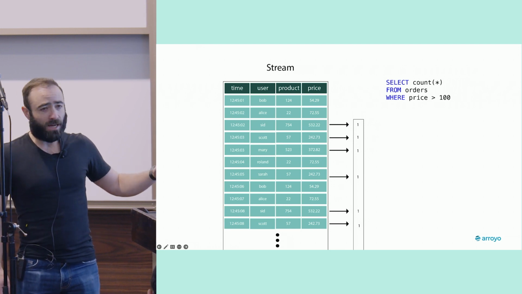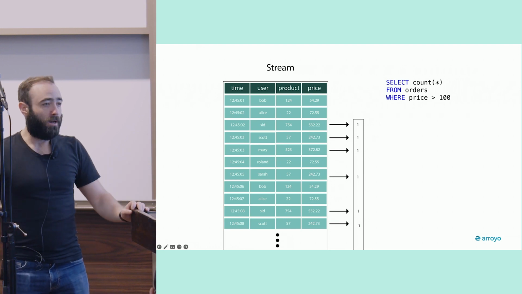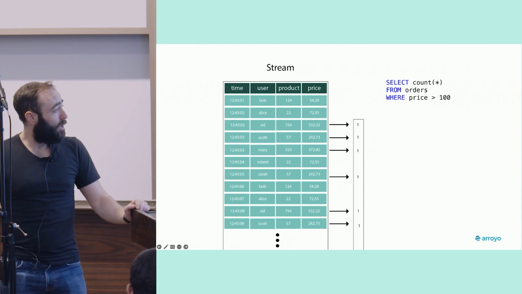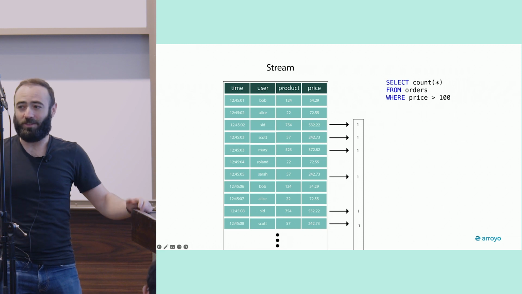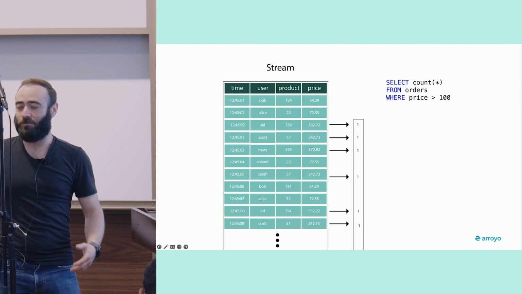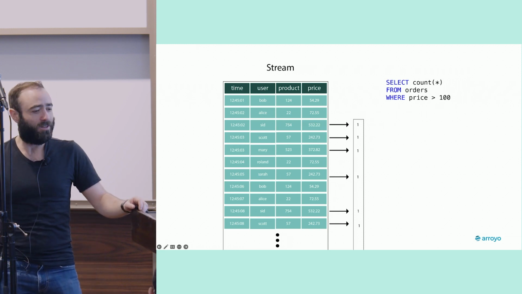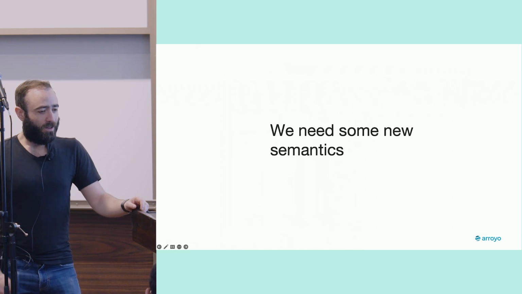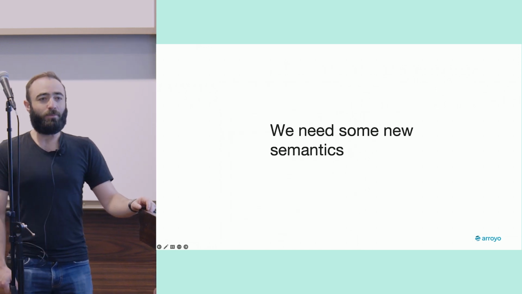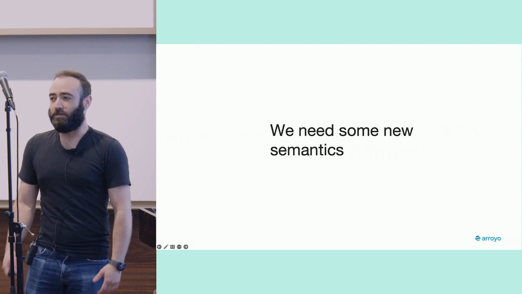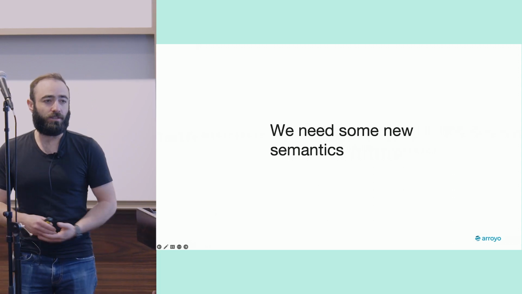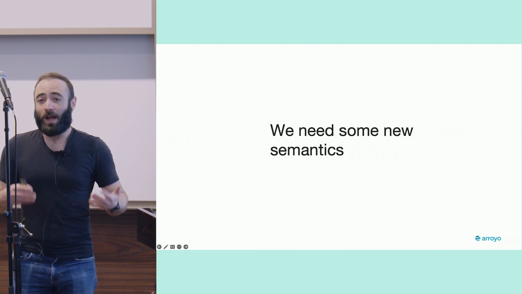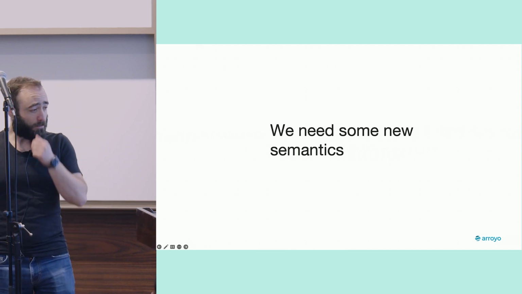Every time we see a row that matches, we produce this one that we're going to count, but we just keep getting more rows. We never get to the end. We're never able to produce that final count. And so if we want to make this work, we're actually going to need some new semantics. We're going to need a way to actually answer questions about multiple rows without ever having all of the rows.